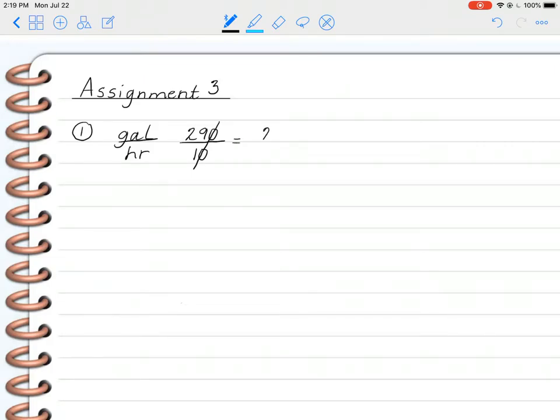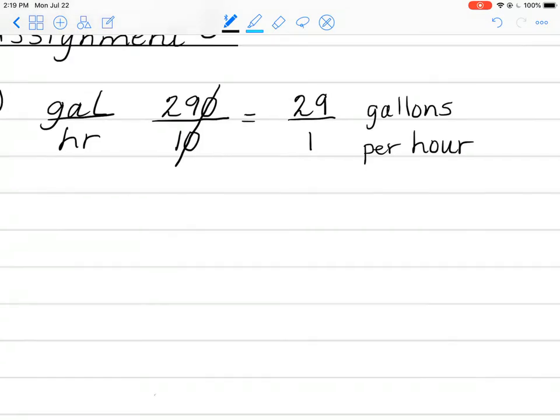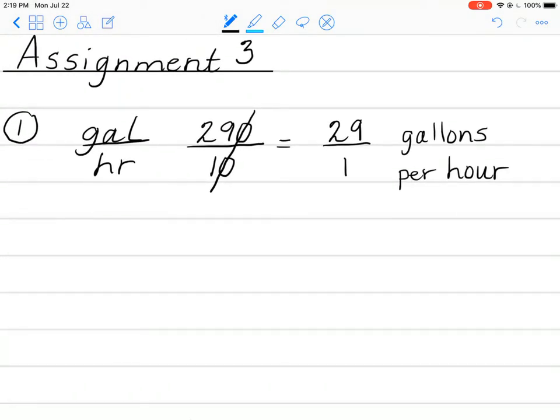So if you just knock off that 0, you have your answer. 29 gallons per hour. Make sure that you can do the label. It's great if you get 29 over 1, but make sure you can also read the ratio. So 29 to 1 gallons per hour.